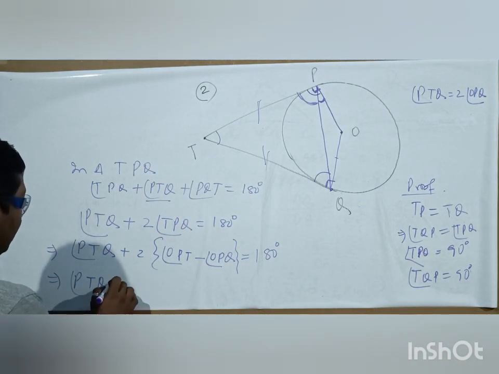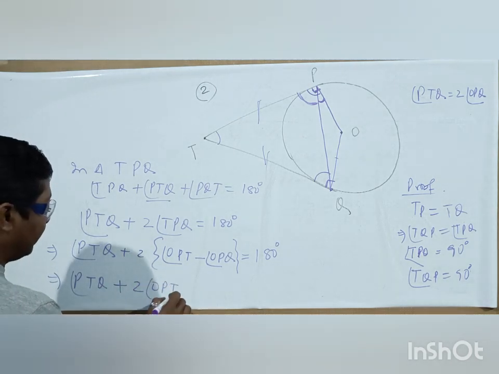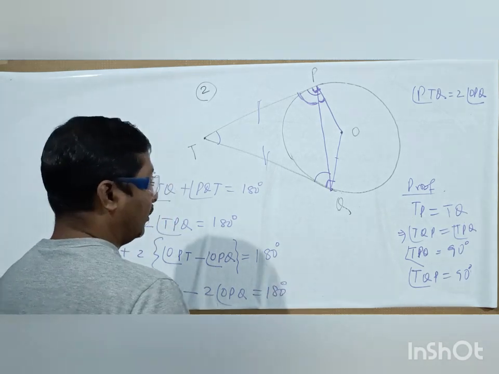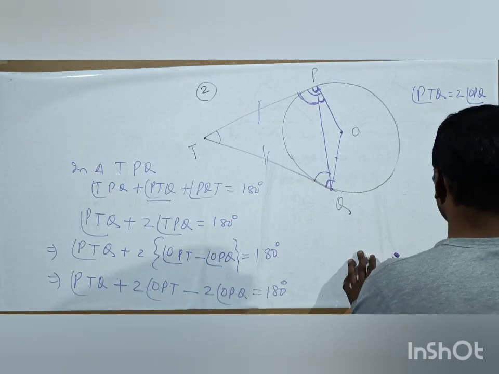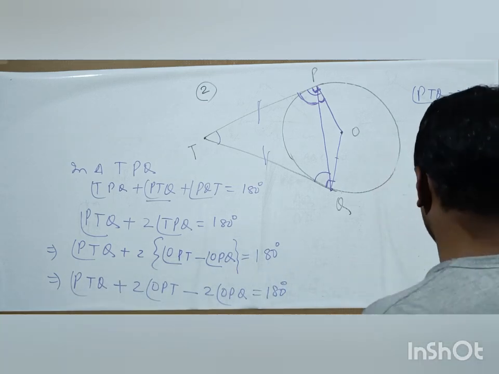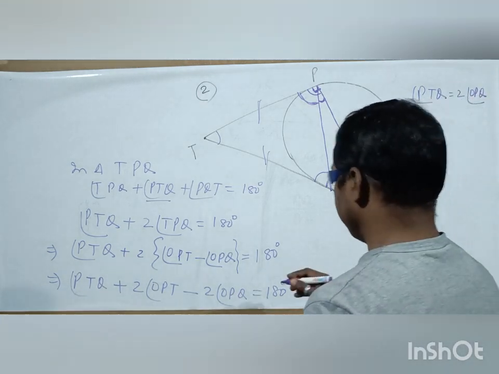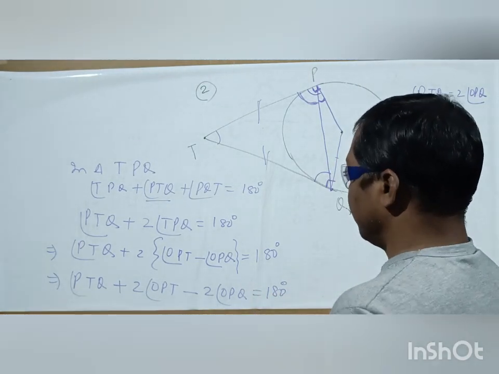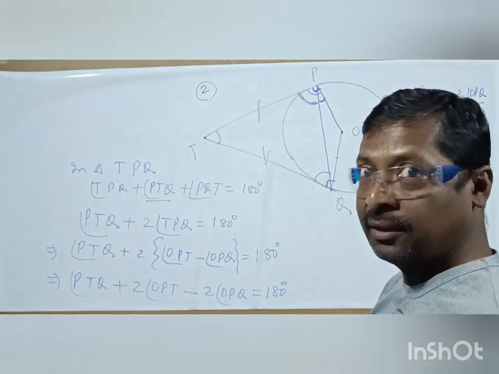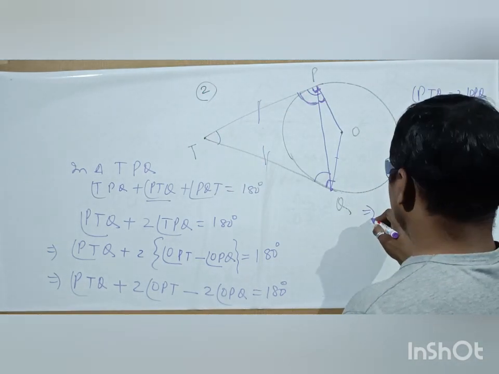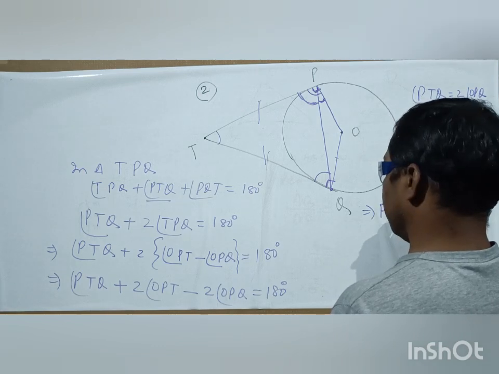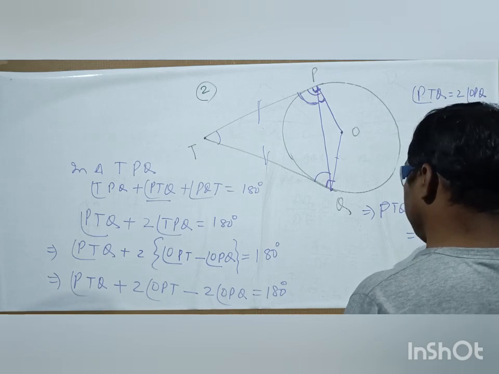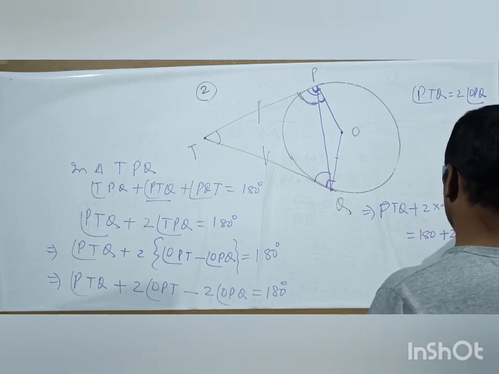Next, PTQ plus 2 into OPT minus 2 into OPQ equals 180. Now 2 into OPT: OPT is how much? 90 degrees, I have told you. So PTQ plus 2 into 90 degrees equals 180 plus 2 OPQ.